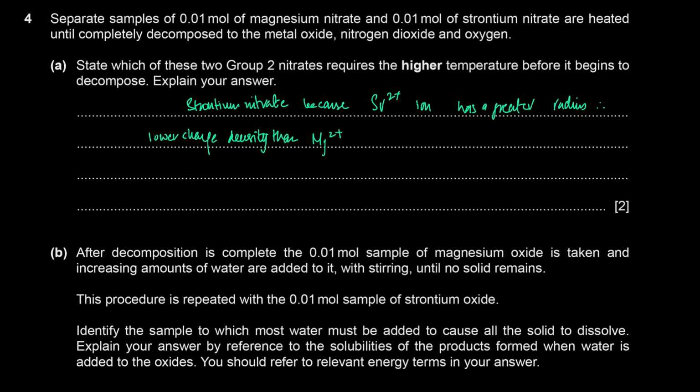Meaning that it has a weaker polarizing effect, or lesser polarizing power, and does not polarize the nitrate ion as much, or distort the nitrate ion as much, right? The greater the polarization on the nitrate ion, the more easily it will decompose, the less thermally stable it will be. Okay.